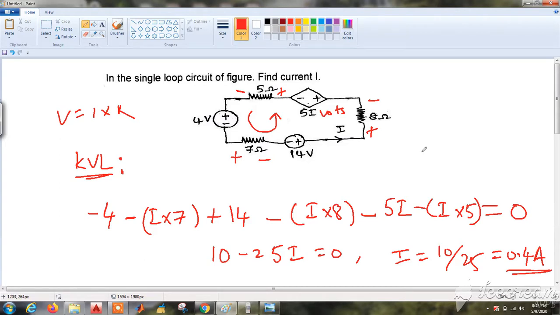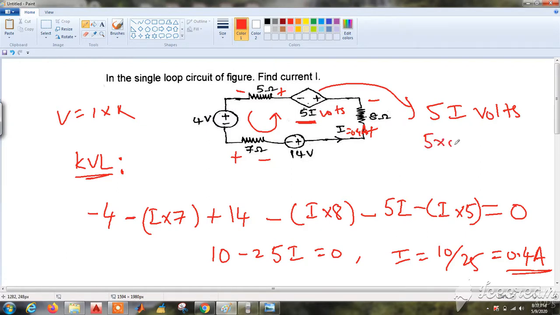Now for example, if the question asks to find the value of the dependent voltage source, what will be the answer? I said earlier that it will be 5i volts. We got our answer that the current flowing here is 0.4 amperes, and this is a current dependent voltage source.